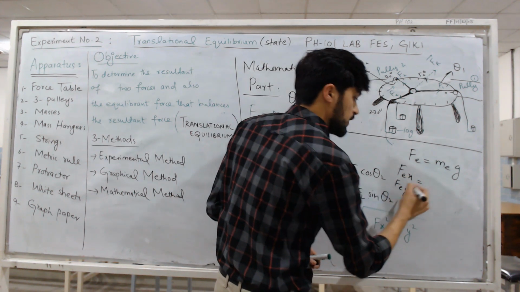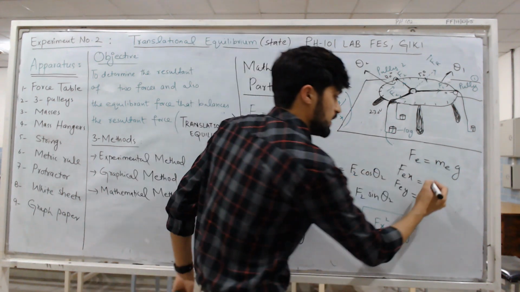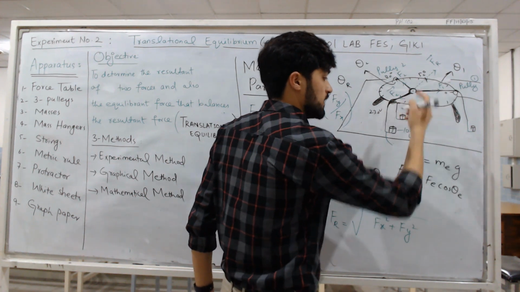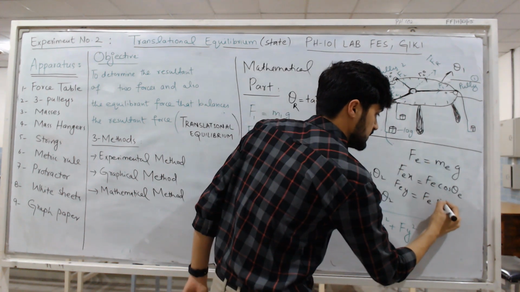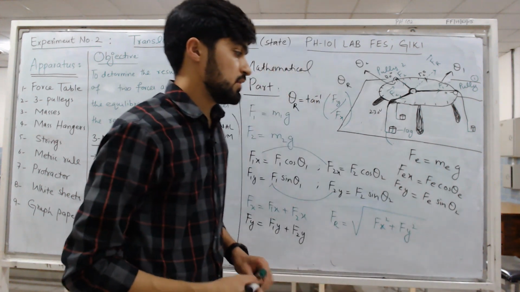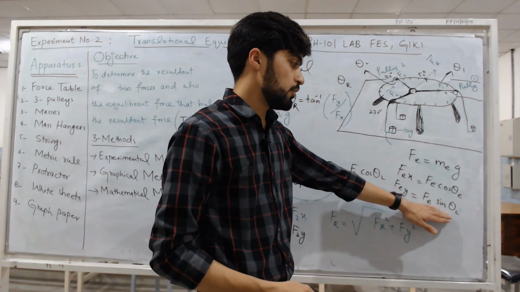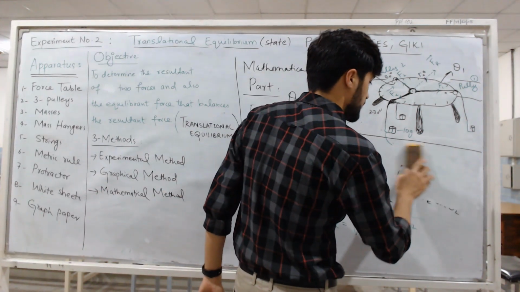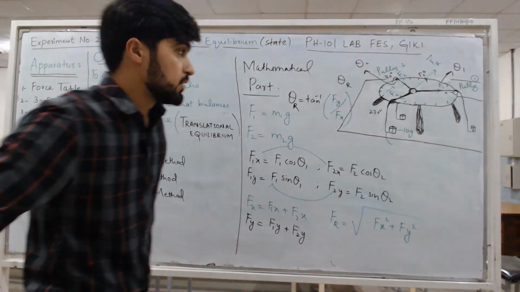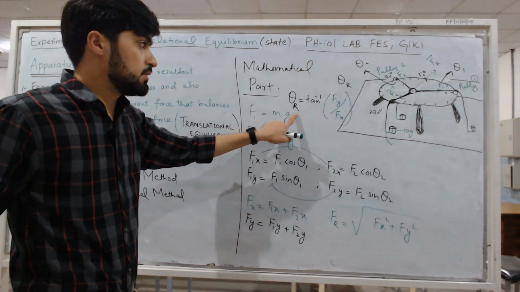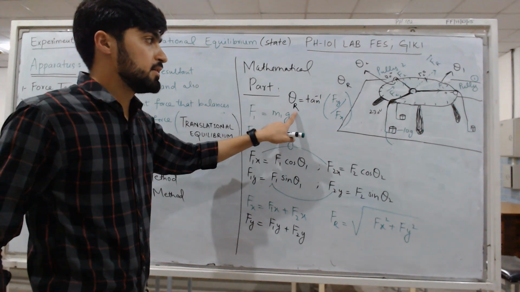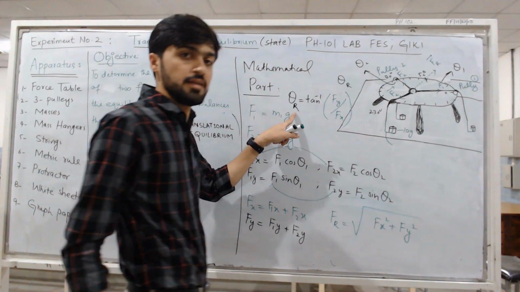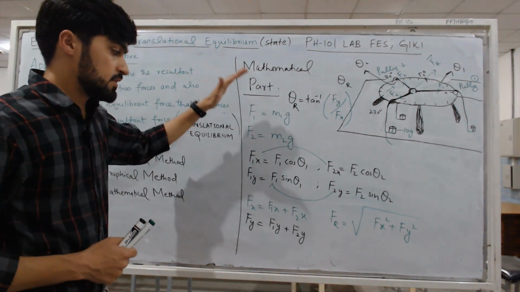You can also calculate the components: Fex will be Fe cos theta E, where theta E is the angle of the equilibriant force, and Fey is Fe sin theta E. But there is no need to do this, because when you find the resultant direction theta r, you can easily calculate theta E, the equilibriant force direction, from this theta r. So this is the mathematical method.